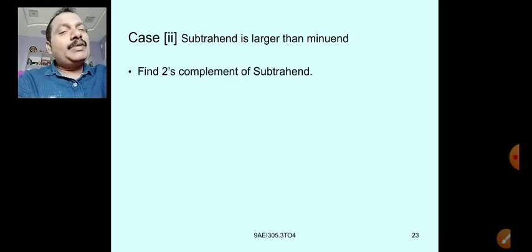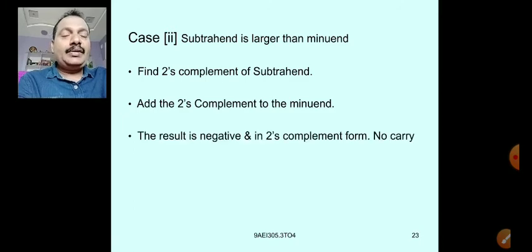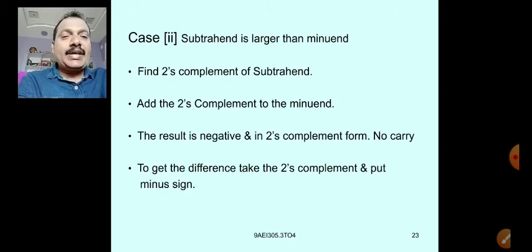You adapt the same process. First step, 2's complement of the subtrahend. Add the 2's complement of the subtrahend to the minuend. The result is negative and in 2's complement form. So no carry will be generated in this case. To get the difference, take the 2's complement and put the minus sign. That is the thing you have to do.